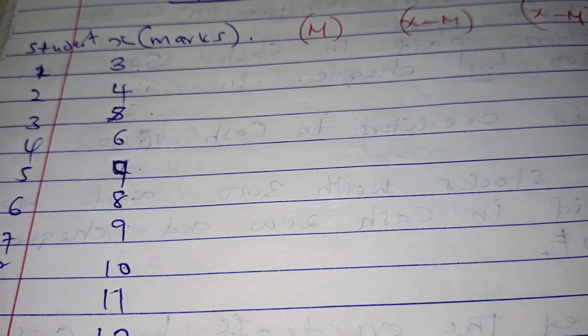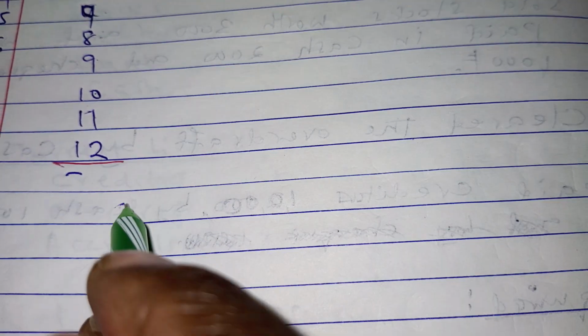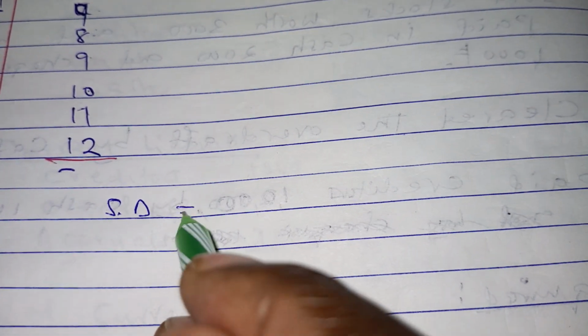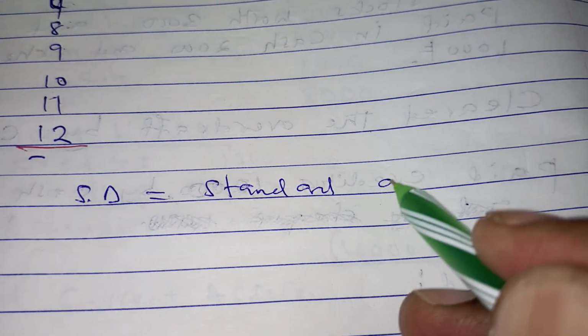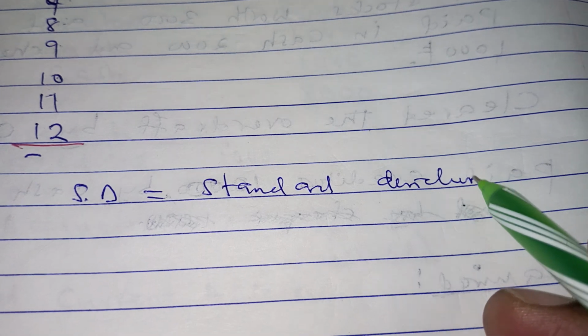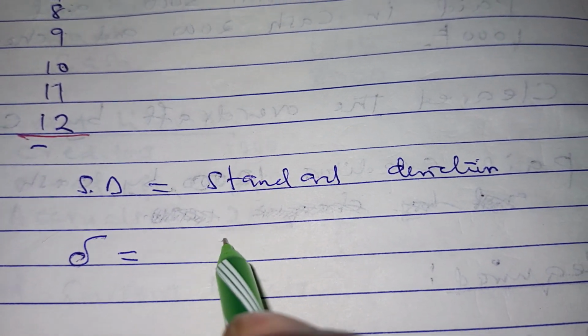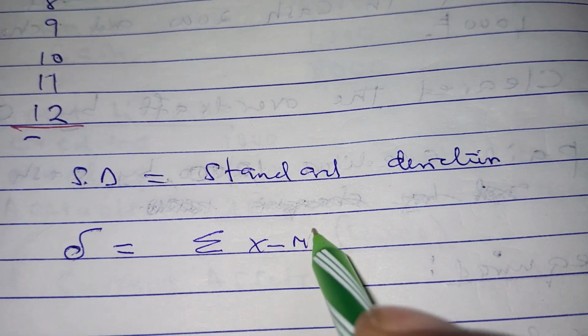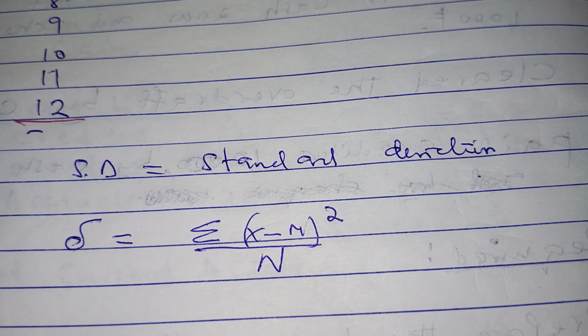Now, when we are asked to get the standard deviation, we remind ourselves that the standard deviation, SD, has a formula: delta is given by the summation of x minus mu squared divided by n.